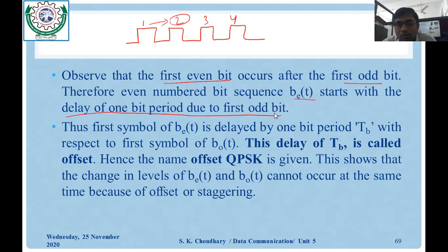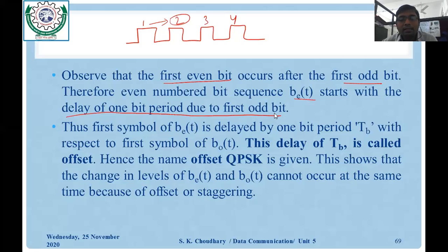That's why it is called offset QPSK. This shows that the changes in the level of BET and B naught T cannot occur at the same time. Because of this offset or staggering, we can also say staggered QPSK. Okay, so this is why it is called offset QPSK.